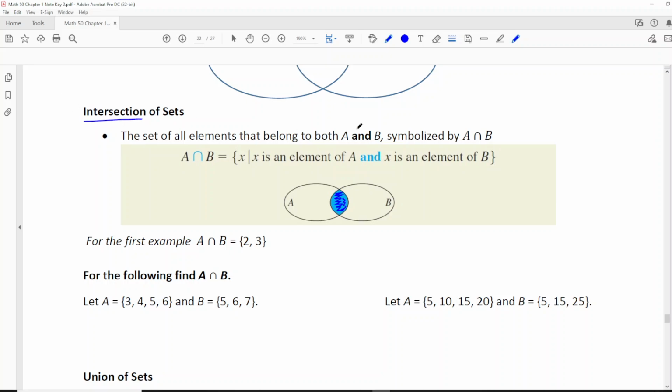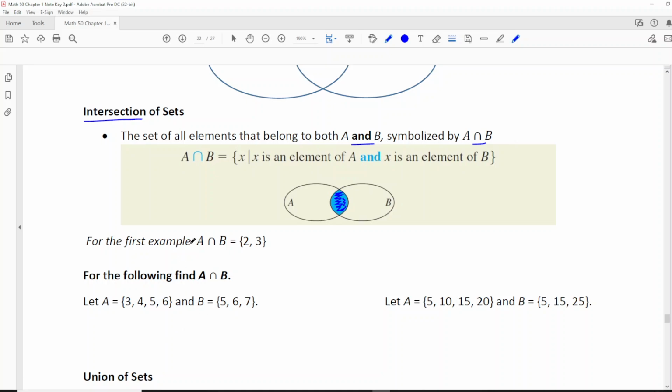Intersection means where they satisfy A and B. So intersection has an N, so does the word and. So intersection means and because mathematicians are lazy, they don't want to write either of those words, they use this symbol, which is an upside down U, which kind of looks like an N. Isn't that nice? So intersection and upside down U, which looks like an and, all mean the same thing.